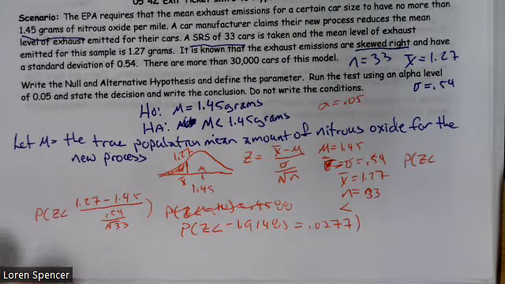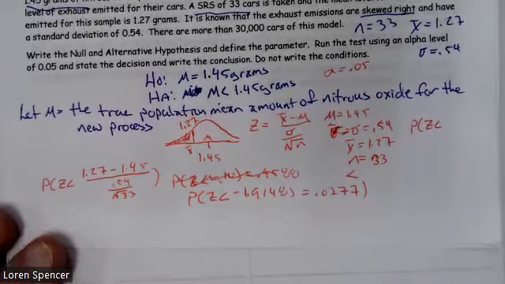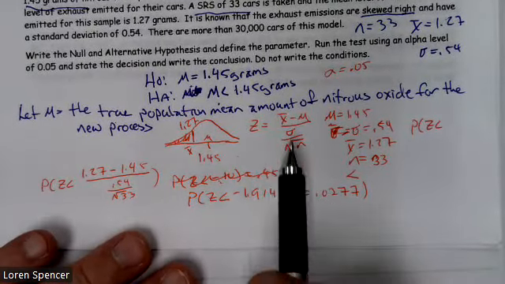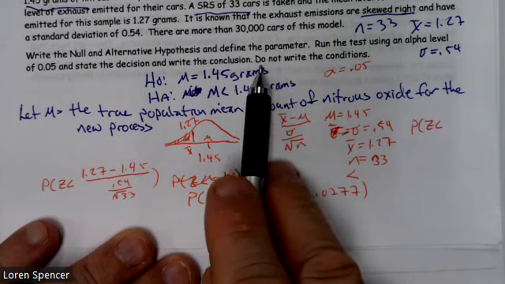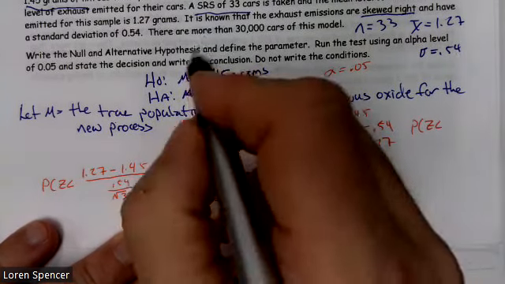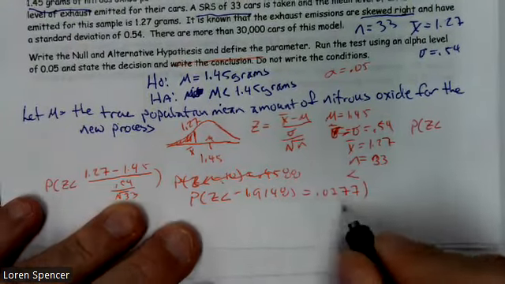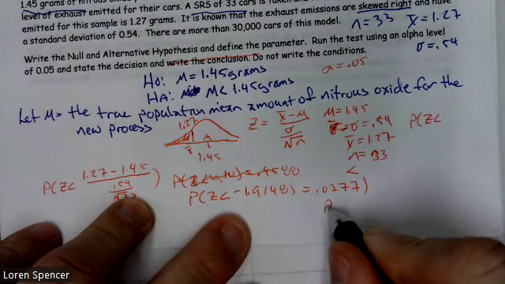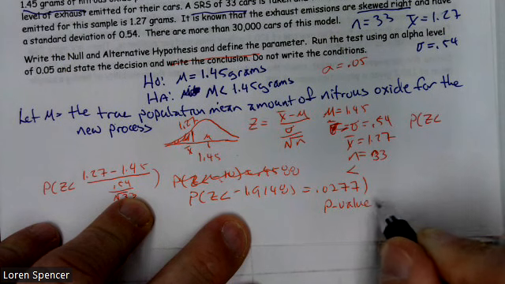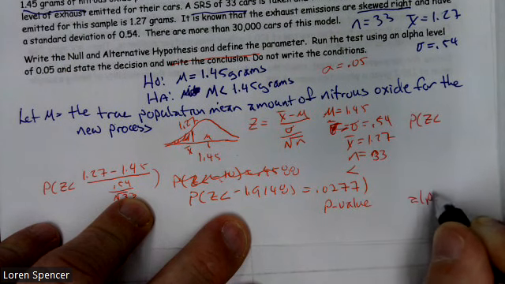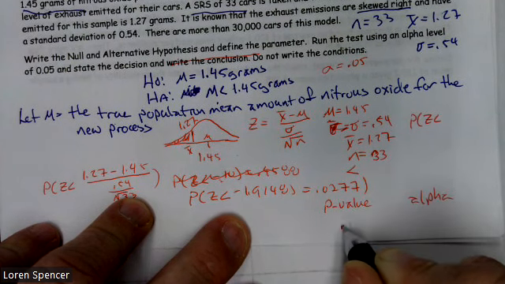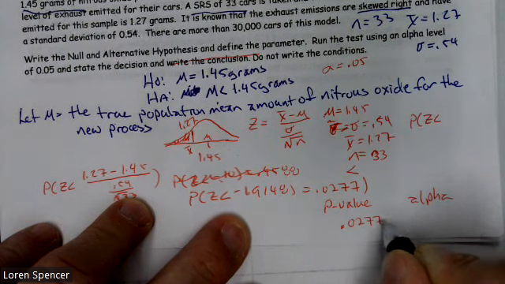All right. So our decision. It says write the conclusion. We're not going to write the conclusion. We're just going to say our decision. Our p-value is 0.0277.